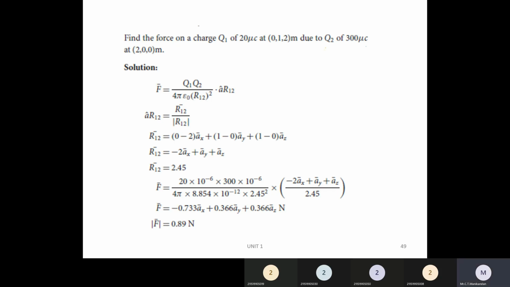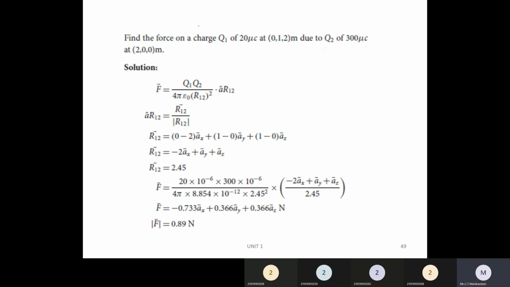Q1 value is 20 into 10 power minus 6. Q2 is 300 into 10 power minus 6. 4 pi into epsilon naught, 8.854 into 10 power minus 12. Then R12 square, 2.45. You will be having it as minus 2ax plus ay plus az divided by 2.45. That is the F value.